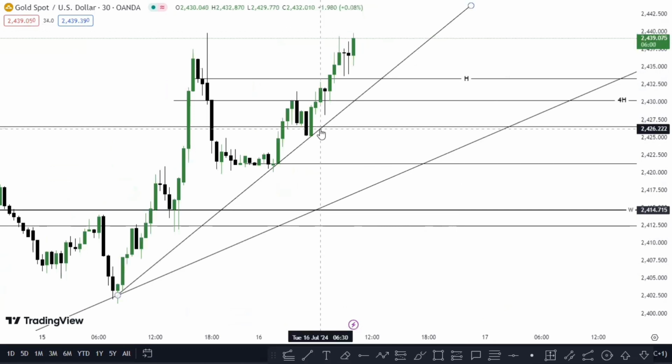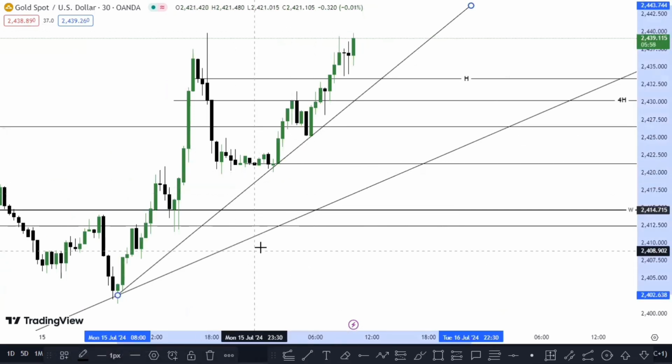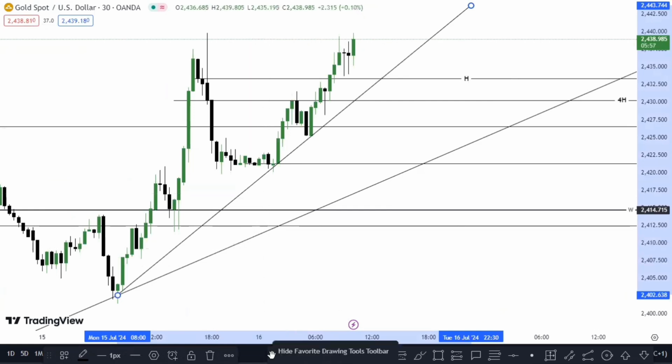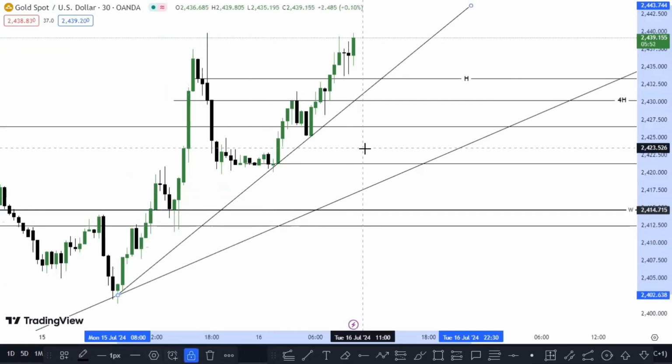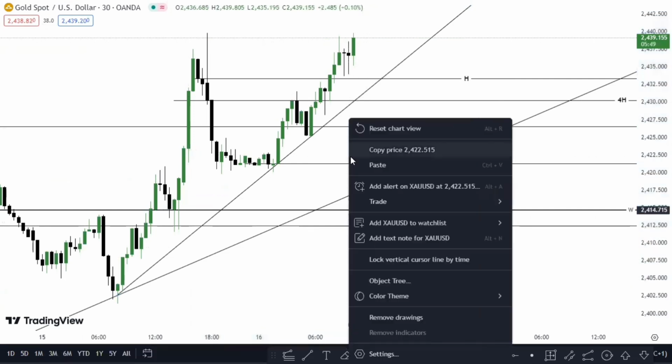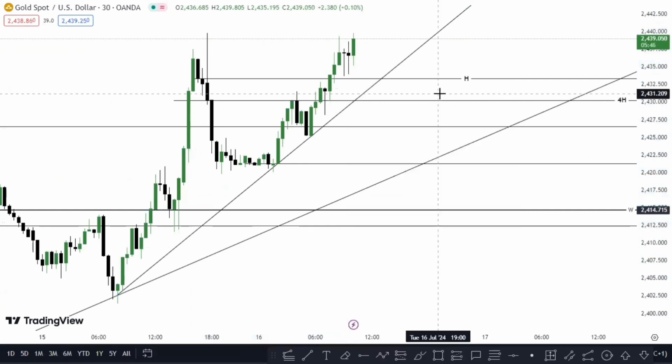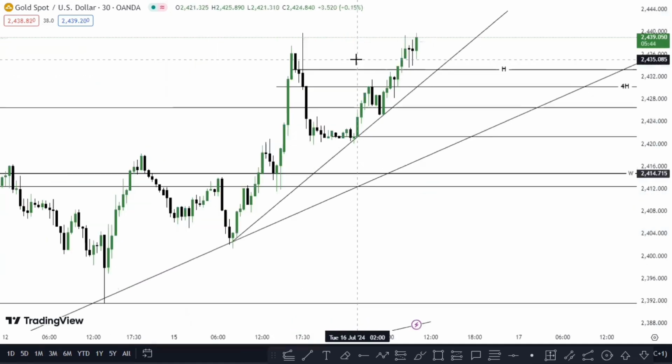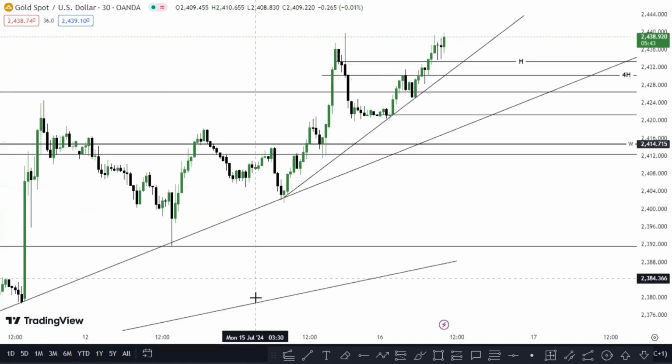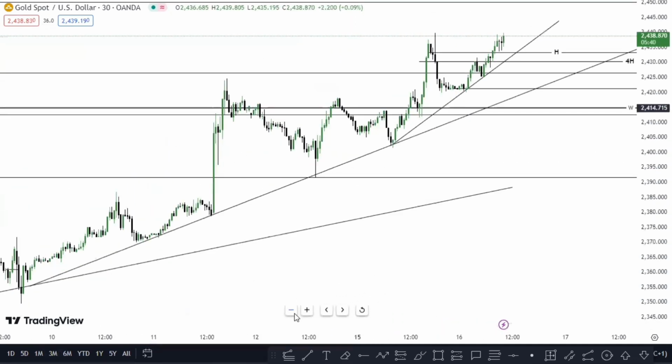Yeah, I think this is the trend line I have. This trend line is very, very steep, as you can see.